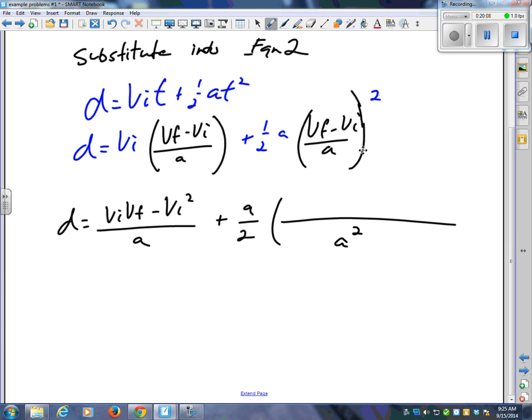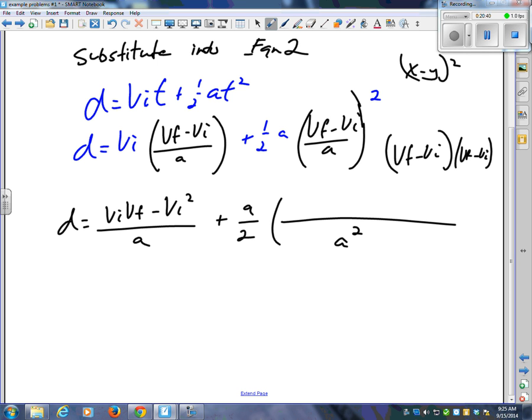I remember how I used to teach it back in the good old days, but I'm not sure how math people teach it anymore. It's going to be VF minus VI times VF minus VI. Right? Oh, that makes sense. Yes. Do you remember the rule? It was like grade 10, automatic when I was a kid, something like x minus y squared.